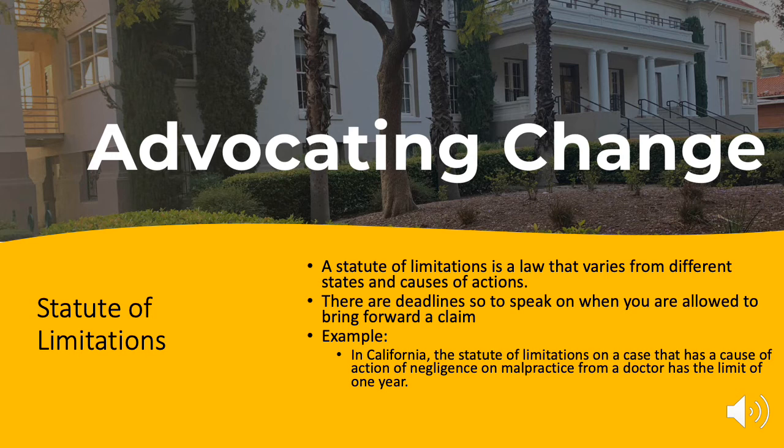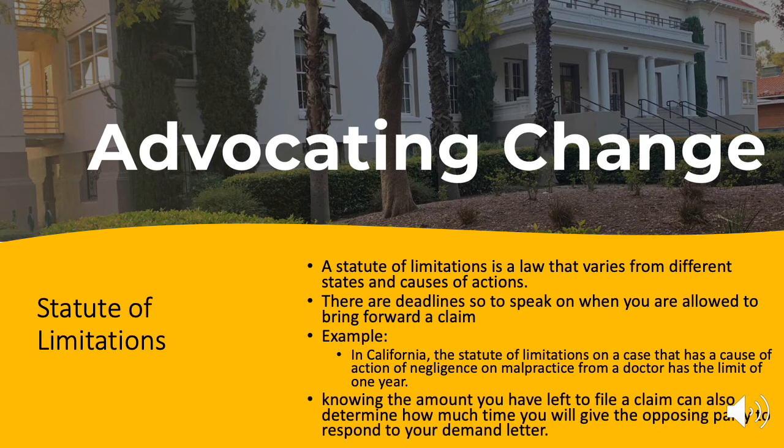So, a malpractice claim must be filed within 1 year from the date of which the incident happened or when it was discovered there was an injury. You can easily Google the statute of limitations for your case in your state if you are worried you have run out of time. So, knowing the amount of time you have left to file a claim can also determine how much time you will give the opposing party to respond to your letter.